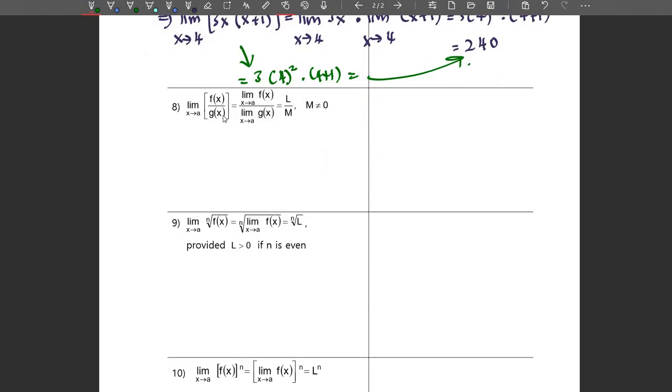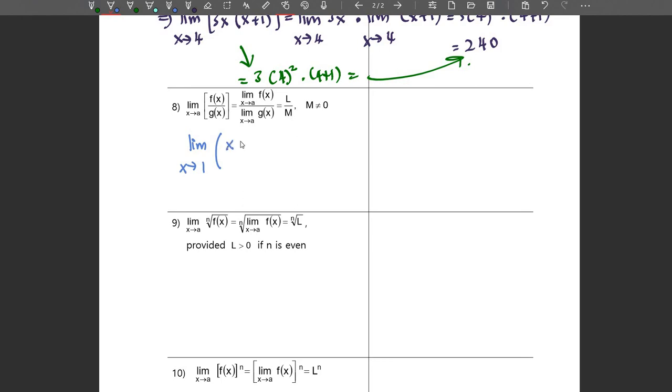The next one would be the limit of f(x) over g(x) as x approaches a is equal to the limit of f(x) as x approaches a over the limit of g(x) as x approaches a, which is L over m, where m must not equal 0, because when m equals 0, it will be infinity, and the limit does not exist there. Let's look at an example. I just want to use simple numbers because this is just an explanation.